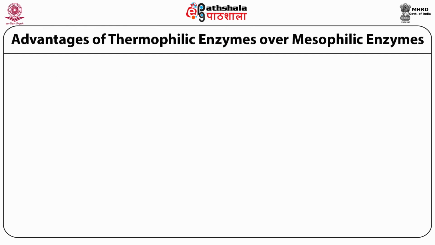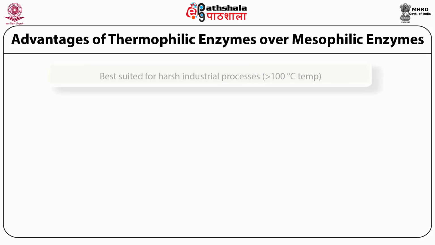Now, we will be discussing thermophilic enzymes in a little more detail. Let us look at the advantages which these thermophilic enzymes provide over mesophilic enzymes. These thermophilic enzymes are best suited for harsh industrial processes, as you know, because many of these processes are carried out at temperatures above 100 degrees Celsius.